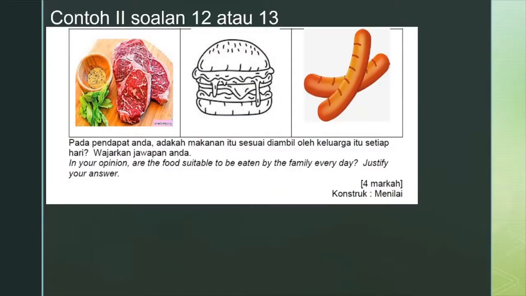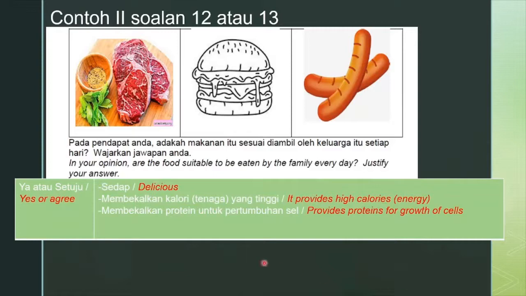Jadi, kita lihat jawapan. 4 markah tadi, 1 markah untuk kita memilih setuju atau tidak, dan 3 markah lagi untuk wajaran kita. Baik, kita lihat ya ataupun setuju itu 1 markah.